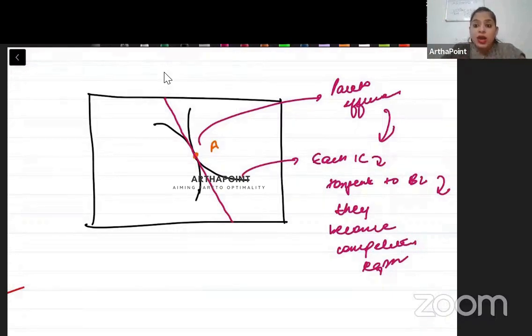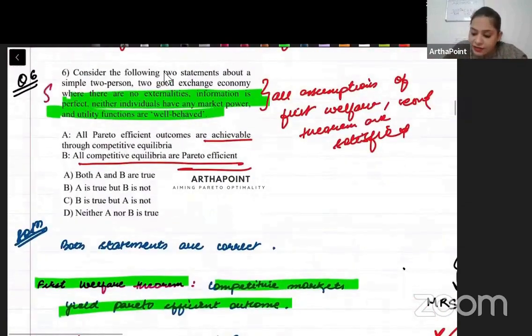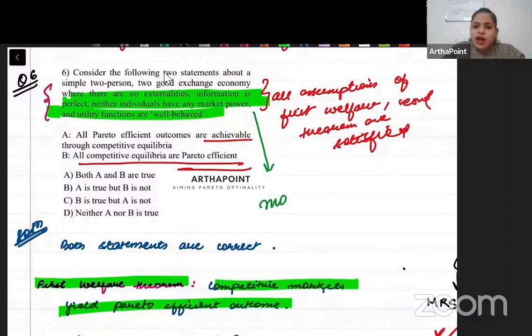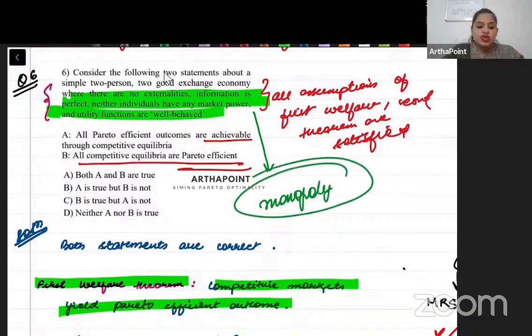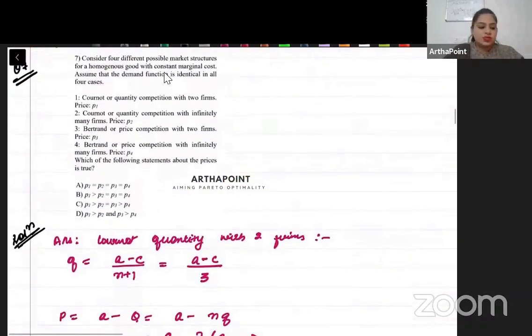So the two are very opposite and different. But if all these assumptions are taken care of, then both are true. In our lecture it's not much required, but you would see that I have proved how in monopoly this doesn't hold true. So keep in mind that in monopoly, the welfare theorem will not hold. Now come to the next question.